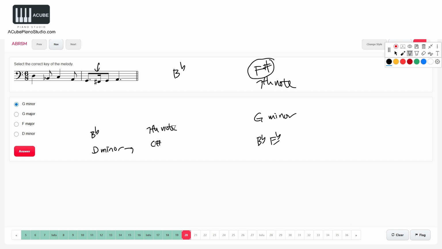If I want to include the 6th note for melodic, it is B, so I'll just have B natural. But here you got B flat. So it's a clear indication that it's not D minor, but instead it should be G minor. We don't see any E flat because there isn't any E here.